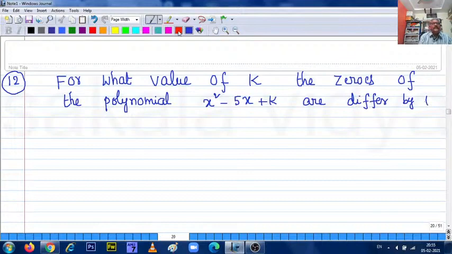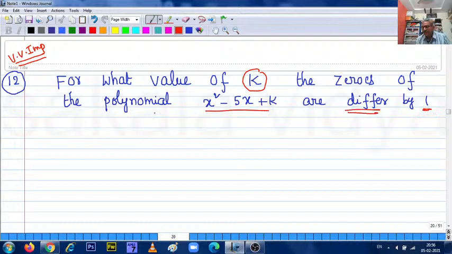So it's a very typical question, also important at your level, but it's very easy, we can solve it, no problem. For what value of k do the zeros differ by 1? Differ by 1 means the difference of the zeros is equal to 1.